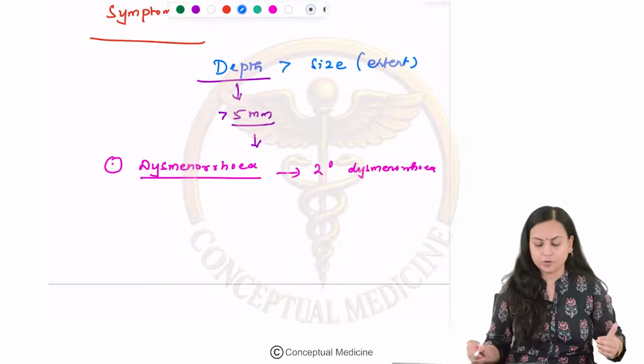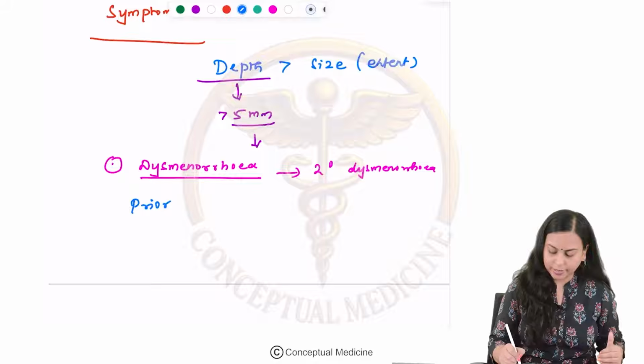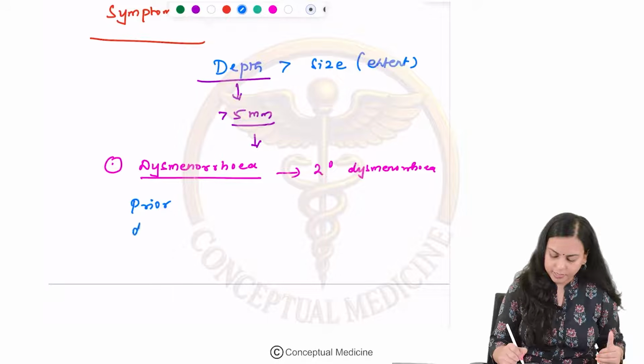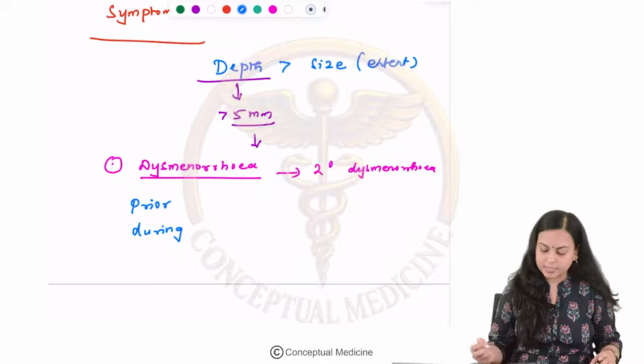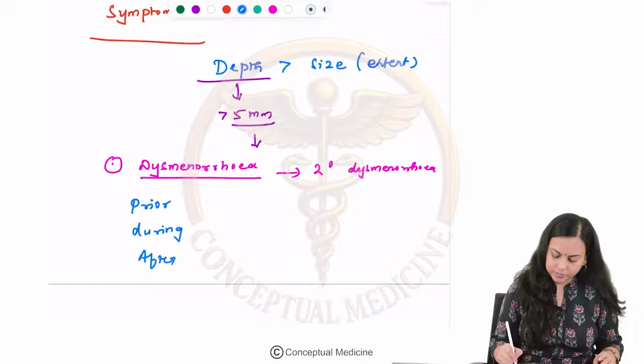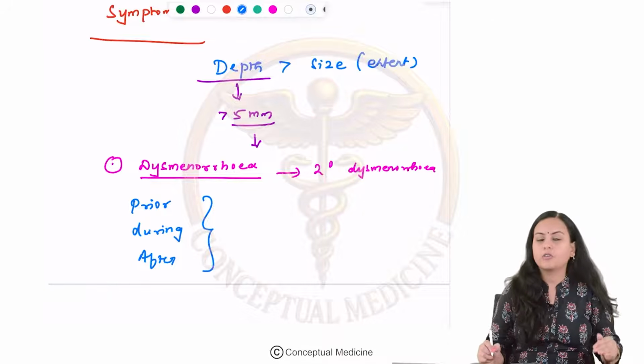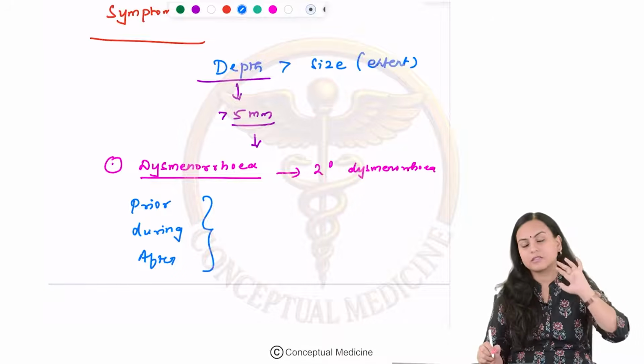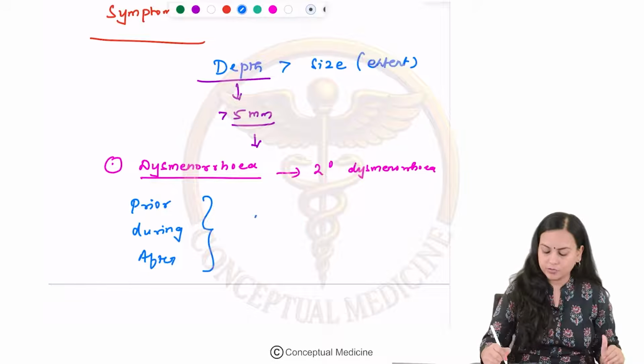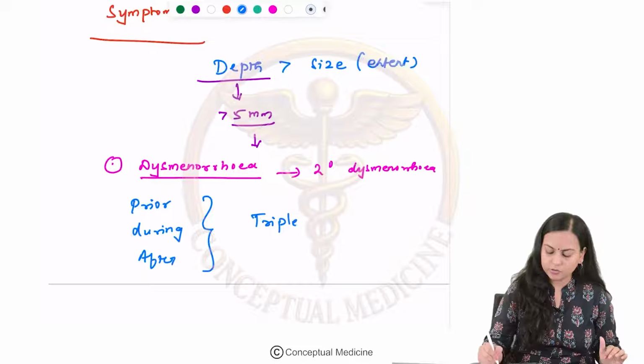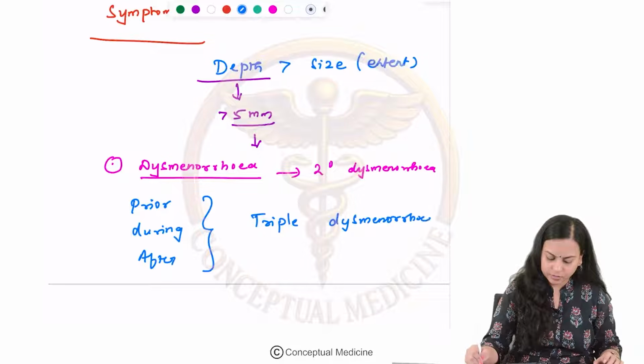Usually, dysmenorrhea in endometriosis starts prior to menstruation, takes place during menstruation, and may take time to cease even after menstruation. So, the dysmenorrhea is seen during all 3 periods, and is therefore also named triple dysmenorrhea.